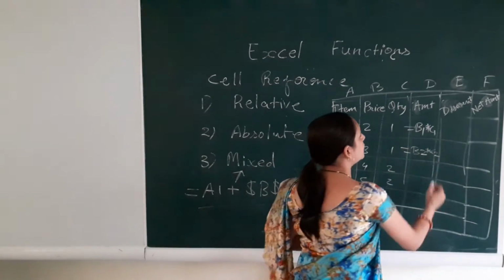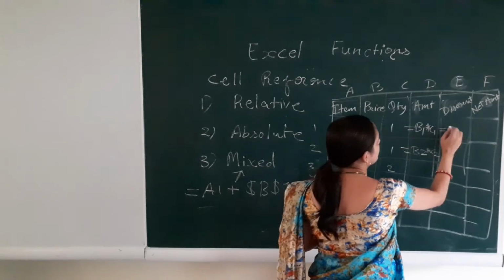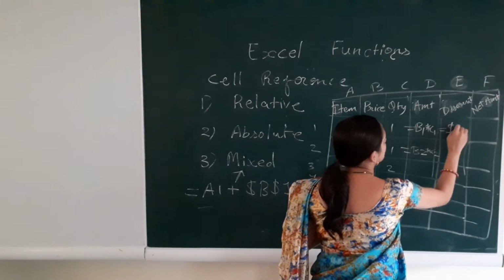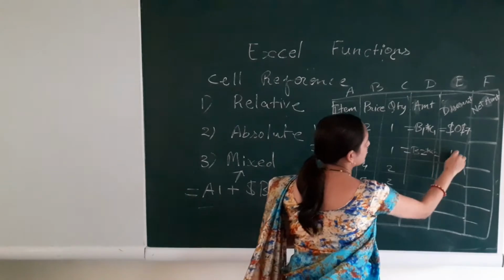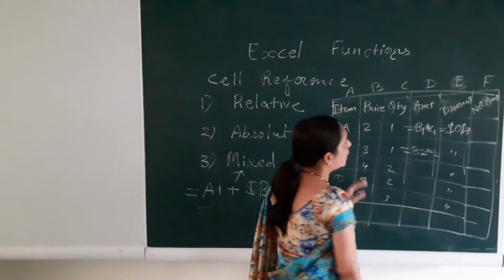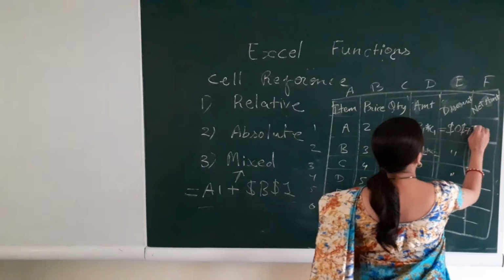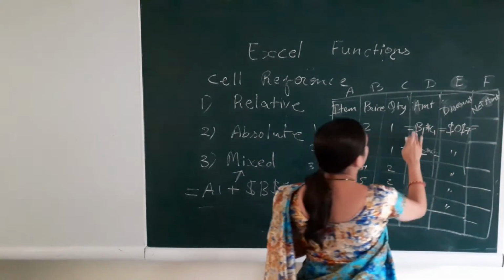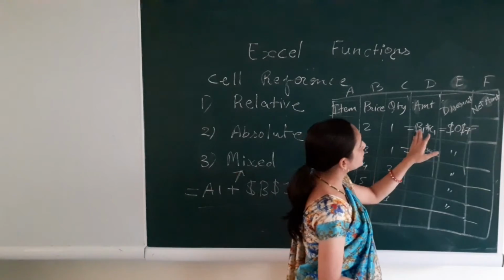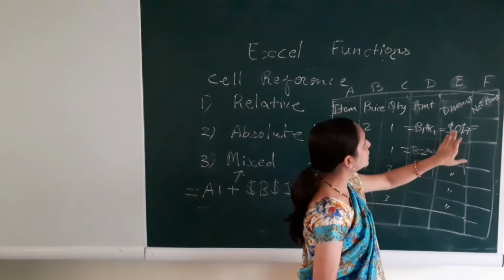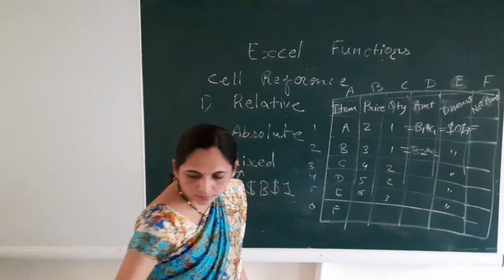Now for the discount, suppose we have set the discount in cell O7, so it is $O$7. Now I want to calculate the net amount, so I will use whatever the amount value is here and deduct that amount from the O7 cell.